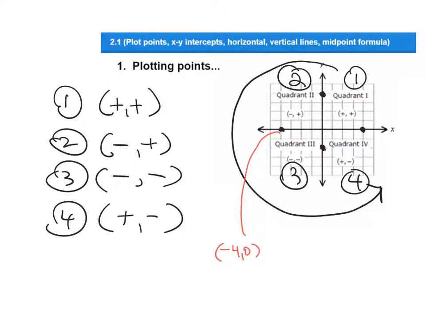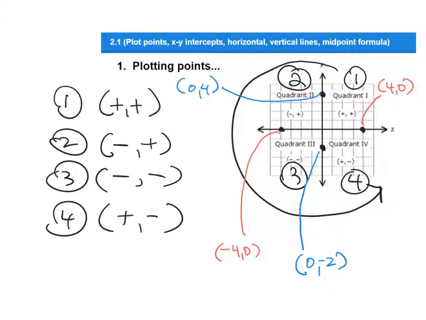And then on the y-axis, this is 0 on the x and negative 2 on the y. And then back over here on the x-axis, you're to the right, 1, 2, 3, 4, and 0 on the y. And then here, you did not move anywhere on the x, and you moved 4 on the y.